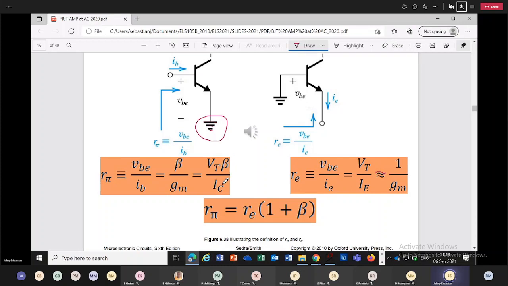RE is VT over IE, or rather equal to 1 over GM. We can also make a relationship between R pi and RE: R pi is RE times 1 plus beta, or if you already know R pi, divided by 1 plus beta you will get RE.